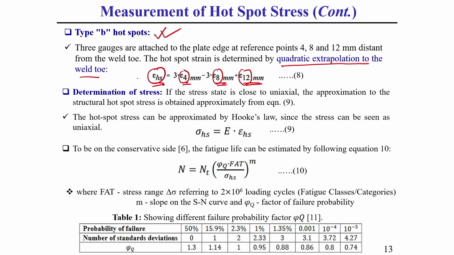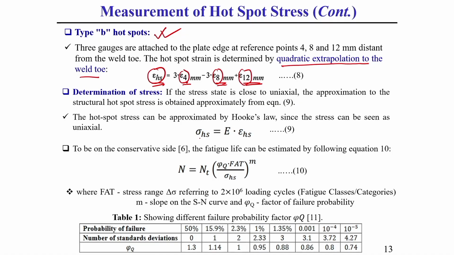hotspot strain value. Based on this hotspot strain value, with the help of Hooke's law we can predict the hotspot stress value. Once we calculate this hotspot stress value, that is why here I have written determination of stress based on strain. If the stress state is close to uniaxial type of stress, the approximation to the structural hotspot stress is obtained from equation 9, which I have shown.